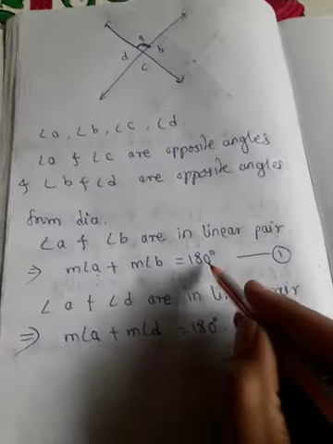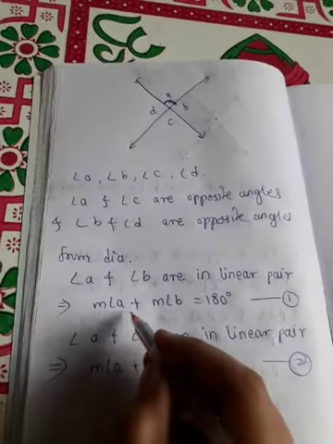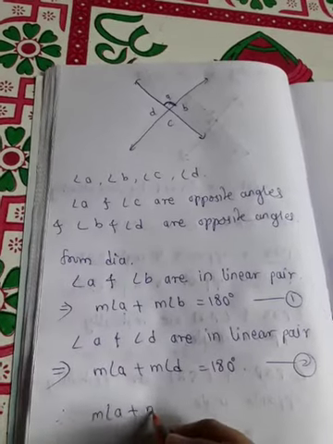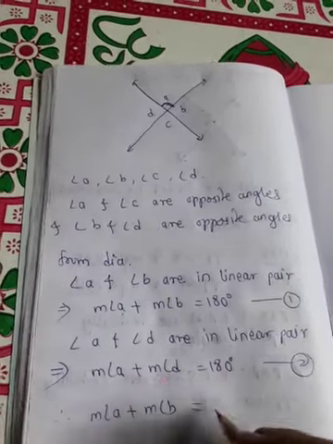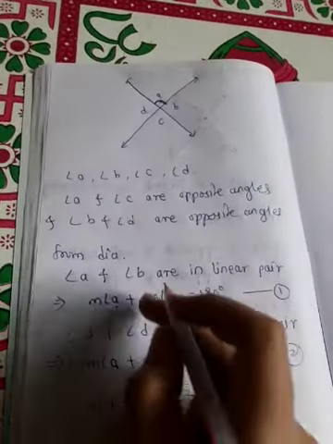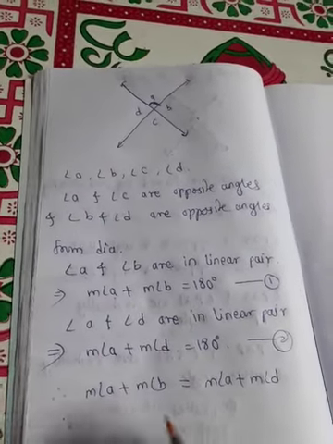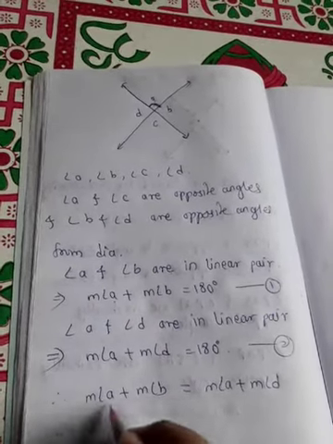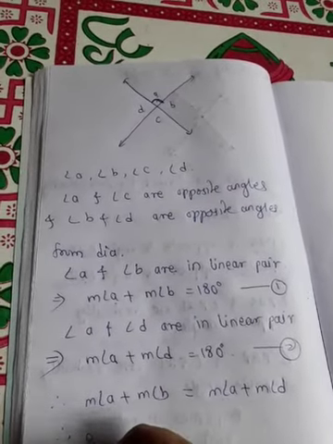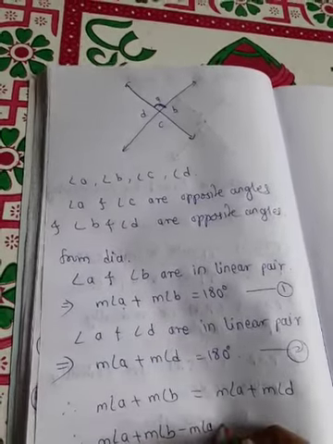Now see here, the RHS of these two equations are the same. If the RHS are the same, then their LHS are also the same. So therefore we can write the measure of angle A plus the measure of angle B is equal to the measure of angle A plus the measure of angle D. Now these two quantities are the same, so we can subtract the measure of angle A from both sides.